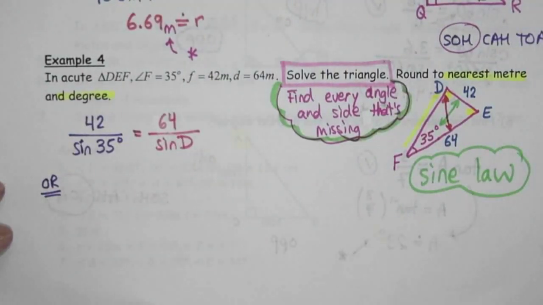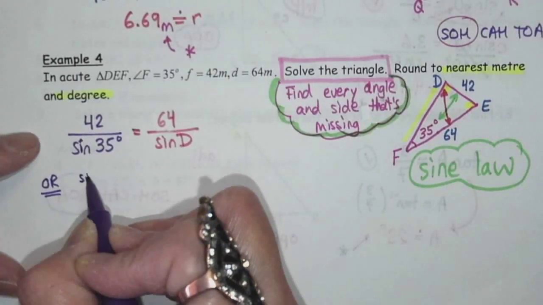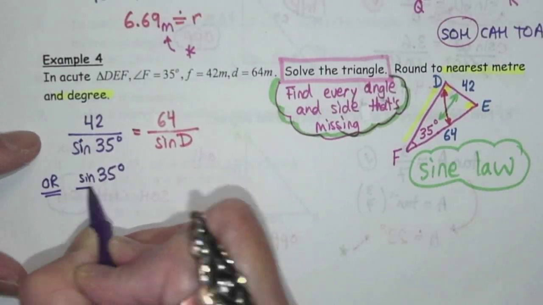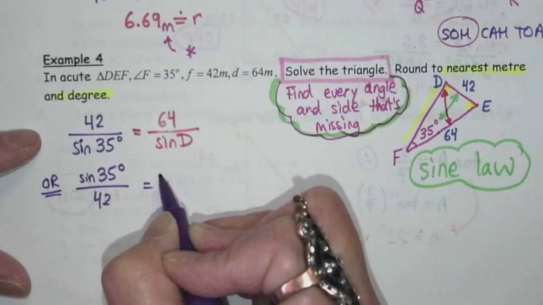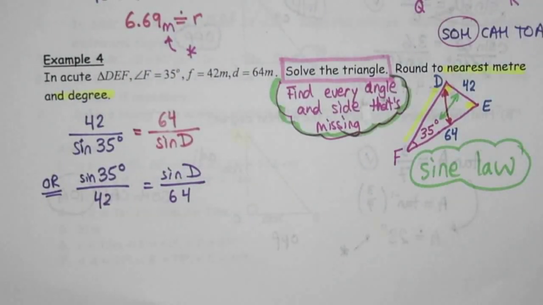I said that above. So which one would be more useful to you to write? This way or upside down? So I can do sine of 35 over 42, and both of them are totally fine. But which one would you prefer and why?